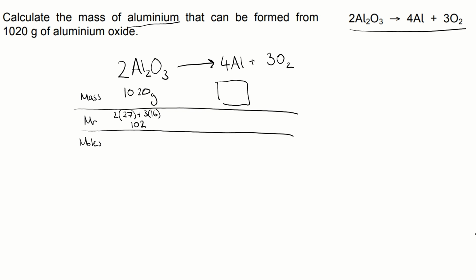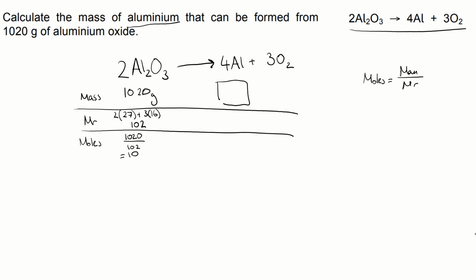Next thing, we're working out the moles. Moles equals mass over MR, you've got your mass on top of your MR. 1020, which is your mass, divided by 102, and you get 10.